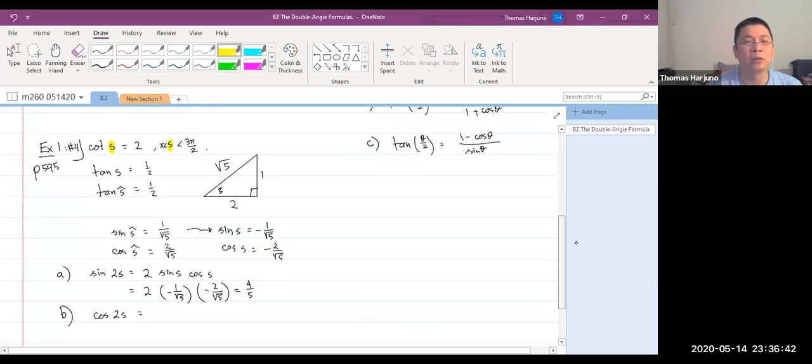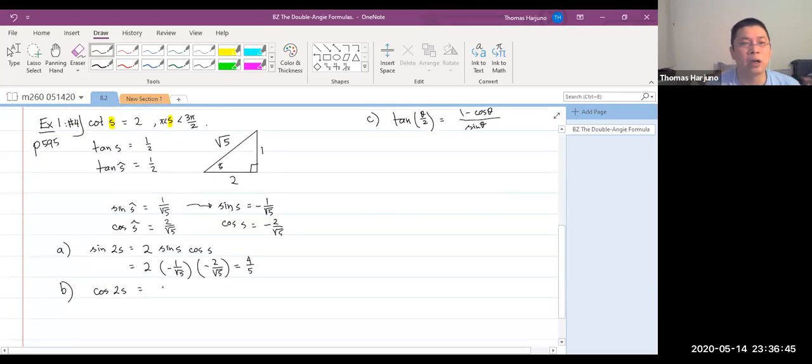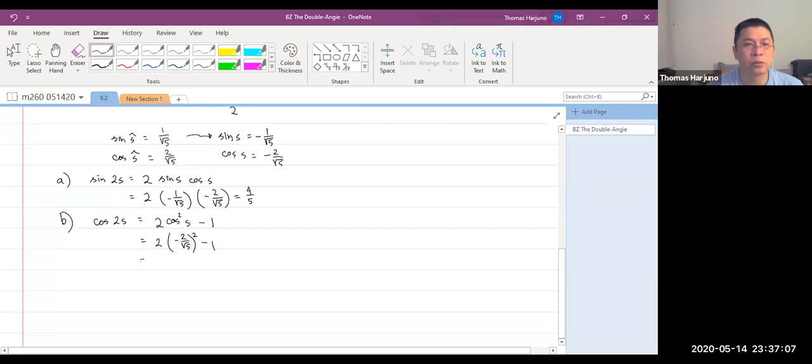So let's say I use the second formula, 2 cosine squared s minus 1. That will be 2 times negative 2 over radical 5 squared minus 1. That is 2 times 4 over 5 minus 1. That would be 8 over 5 minus 1. That's 3/5.